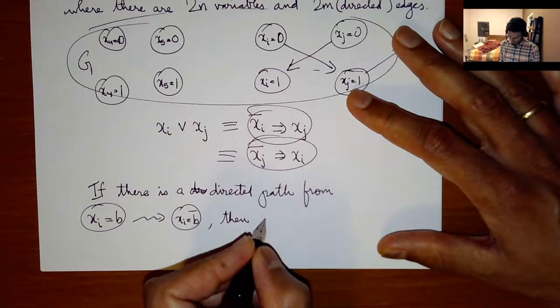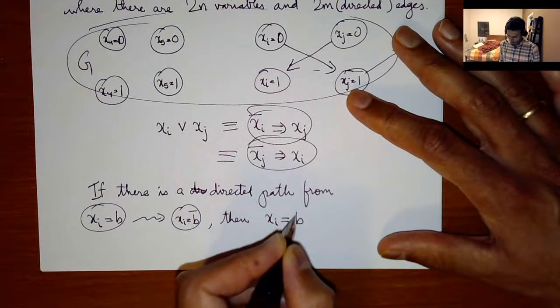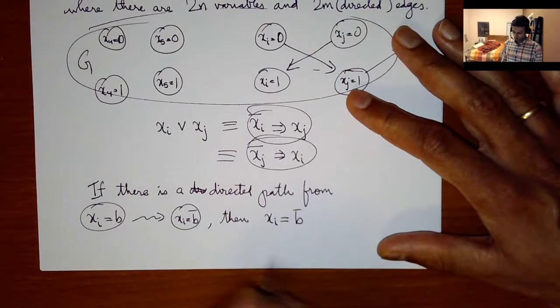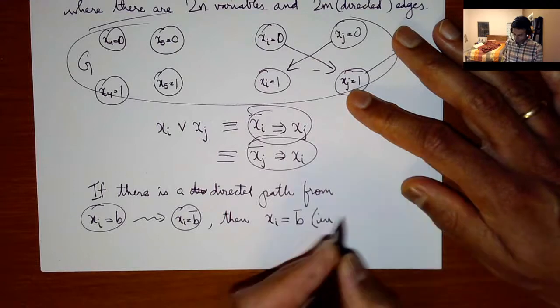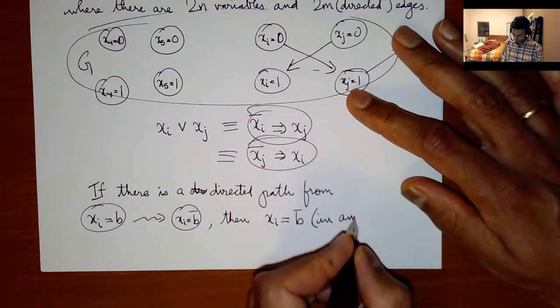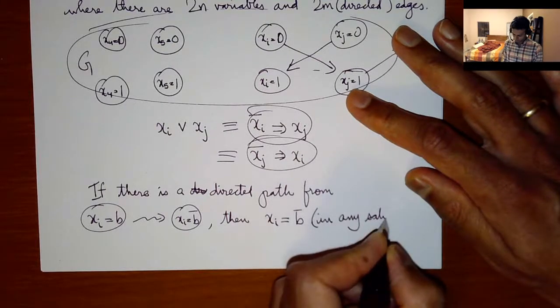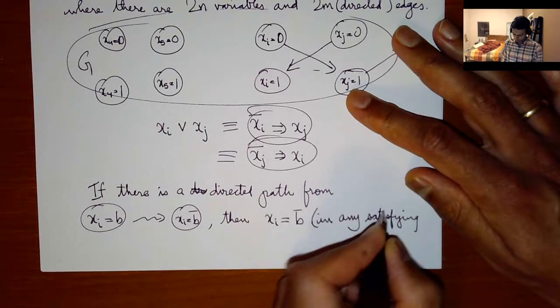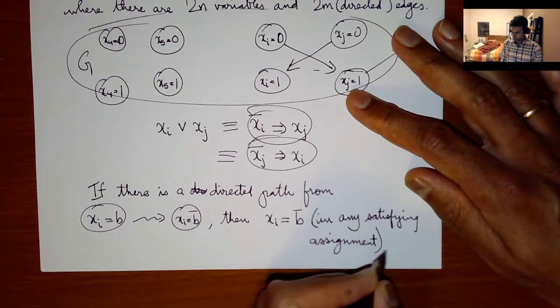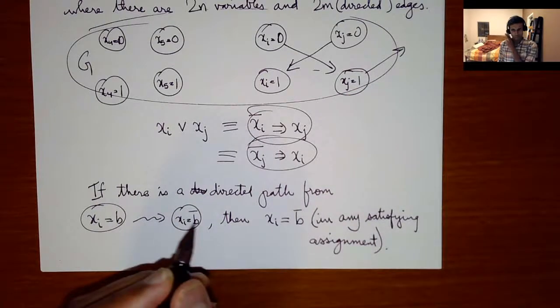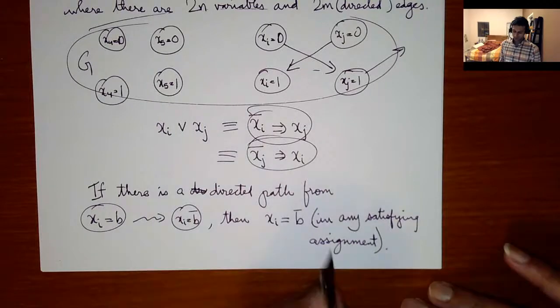Then xi must be equal to not b in any satisfying assignment.